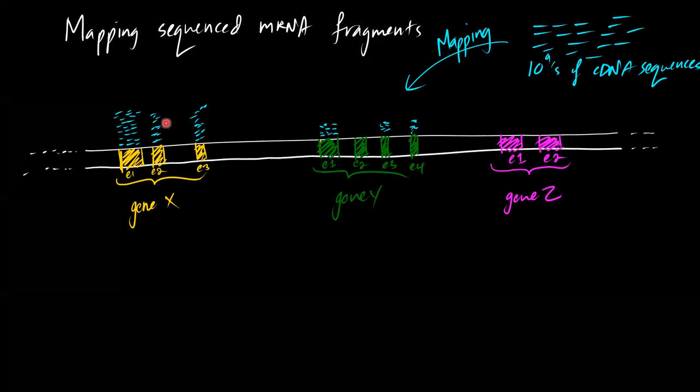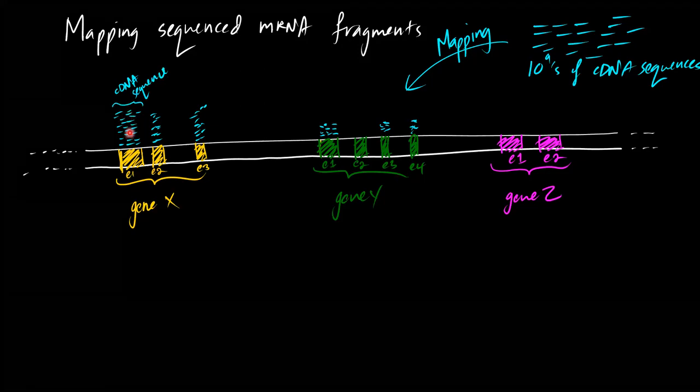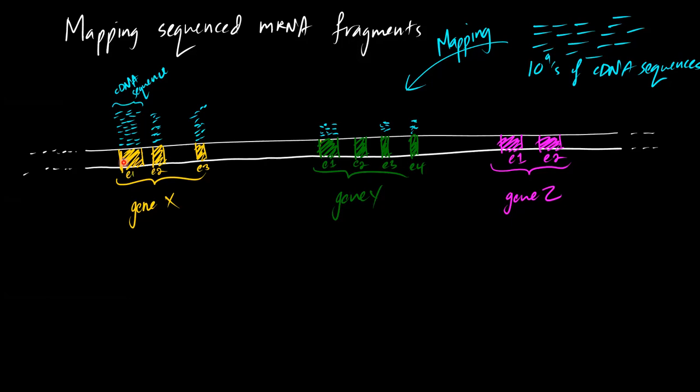After mapping, for example, here these are cDNA sequences. Each line represents a cDNA sequence mapped to a genome. All these cDNA molecules have sequences identical to sequences in exon number 3 of gene X. All these cDNA molecules have sequences that are identical to sequences within exon 2, similarly here, here, here, here.